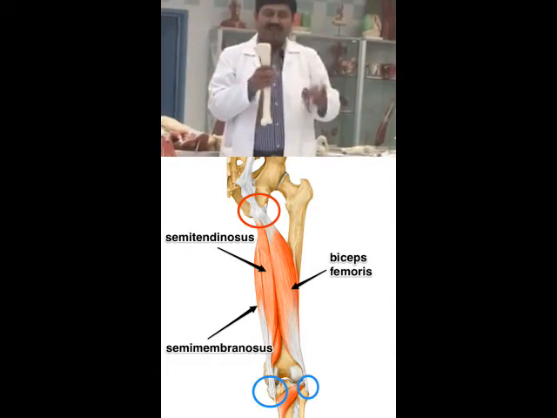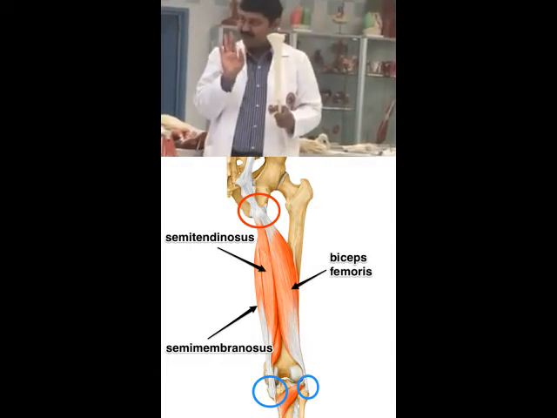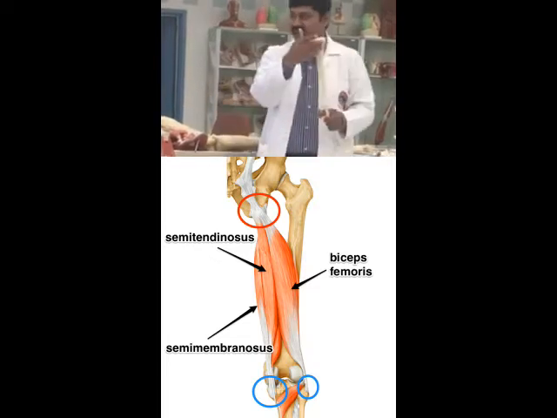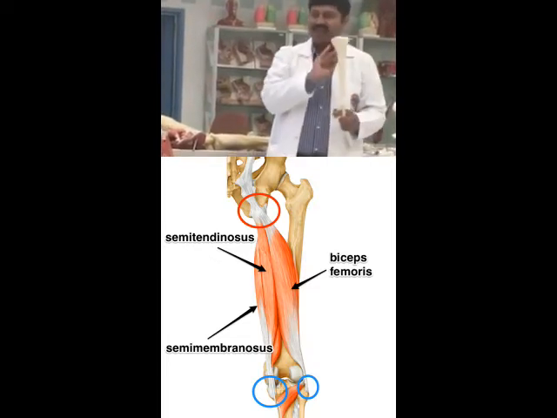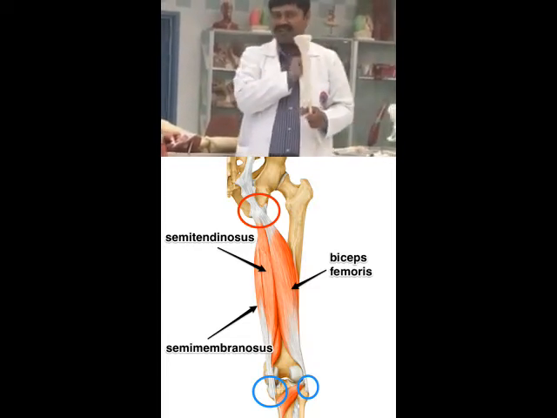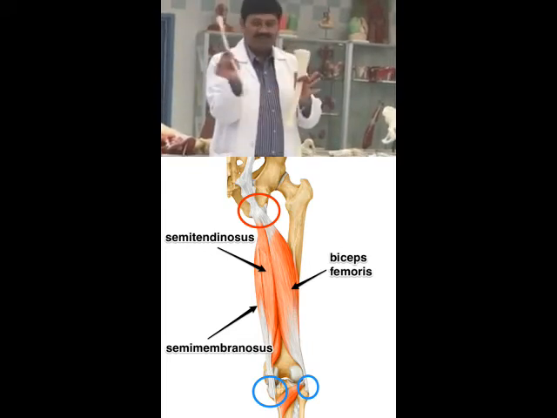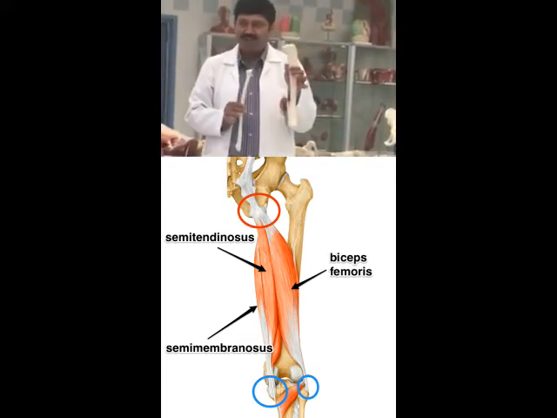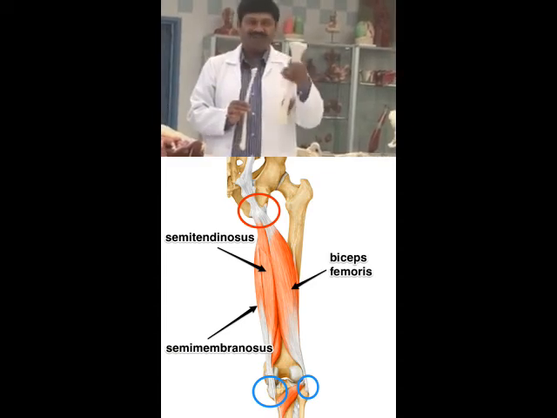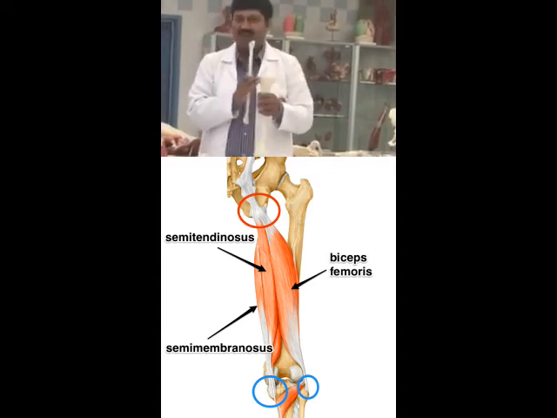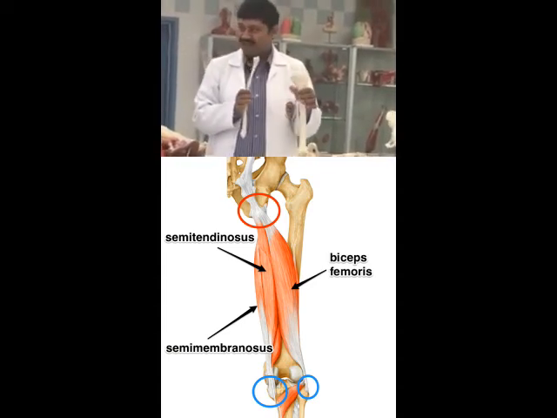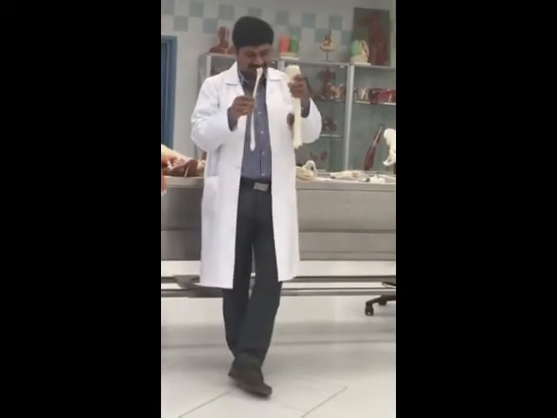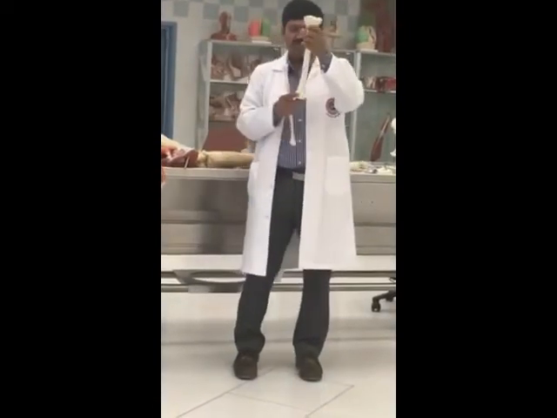Okay, while semimembranosus and semitendinosus, they are the muscles on the back, isn't it? I'm talking about muscles on the back. Front I already finished, tibial tuberosity. On the back, they go to tibia. Okay, so biceps femoris to fibula and semitendinosus, semimembranosus to tibia. Then you can say which one is in which part. Usually they are on the medial surface and medial condyle. Okay, and here on the head. Clear? So this is what is about the upper end of this bone.